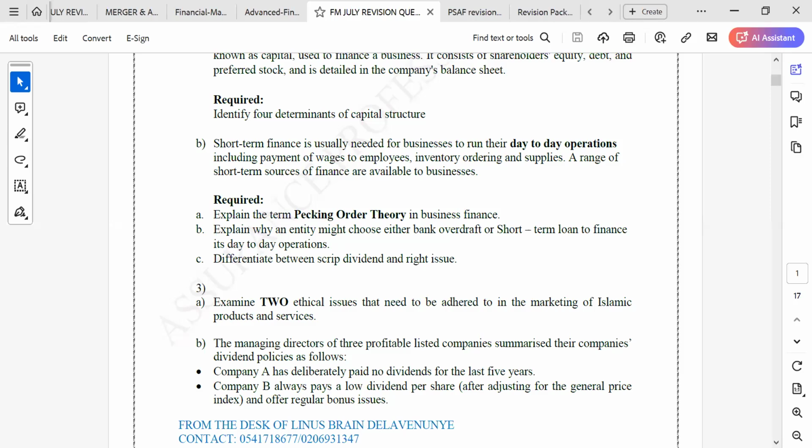So that's a dividend policy, and right issue is a source of raising finance by giving existing shareholders the opportunity to buy new shares at a lower cost. Okay.